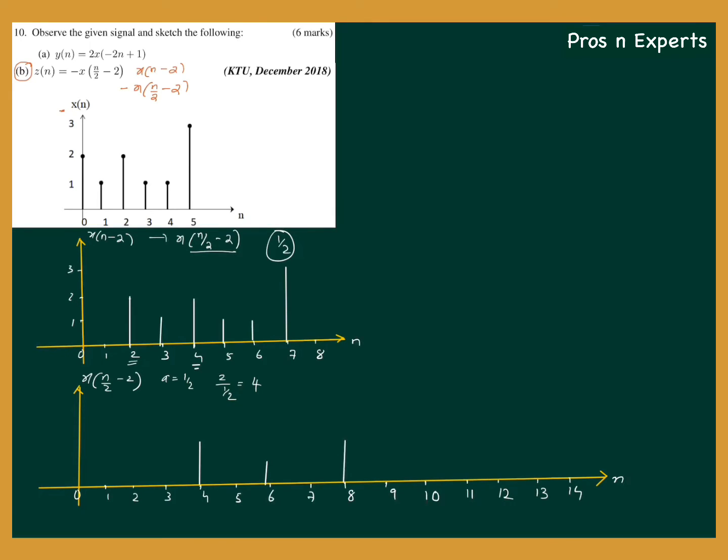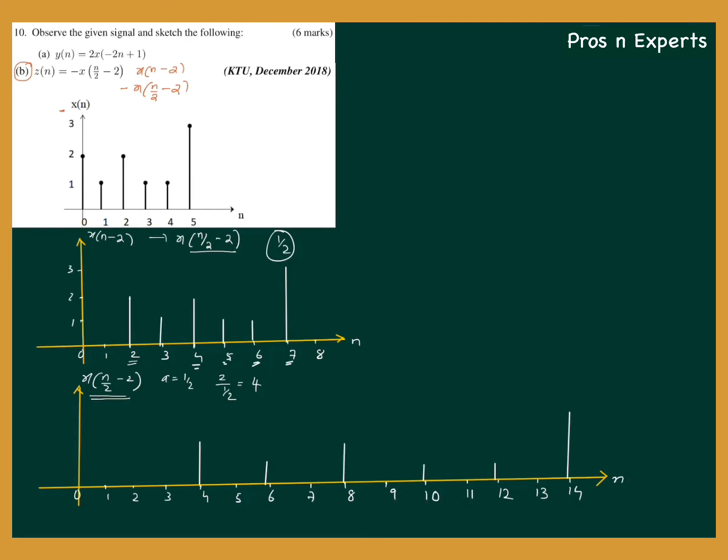So the sample with amplitude 2 is at 8. Now this sample is at 5, so it goes to 10. So the amplitude 1 is at 10. Now this sample is at 6, which should be at 12 in the signal, and the final sample is at n equal to 7 here. So 7 by 1 by 2 is 14. So the sample with amplitude 3 is at n equal to 14. Okay, so this is our x of n by 2 minus 2.